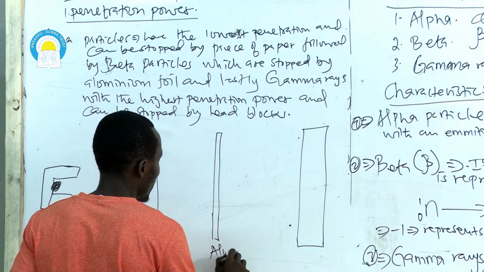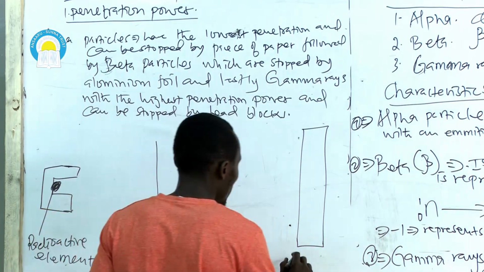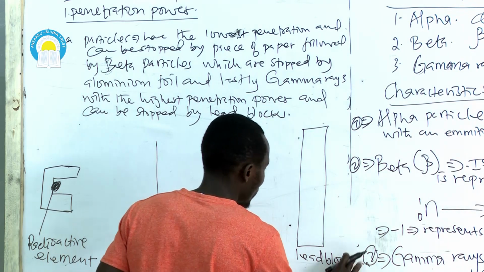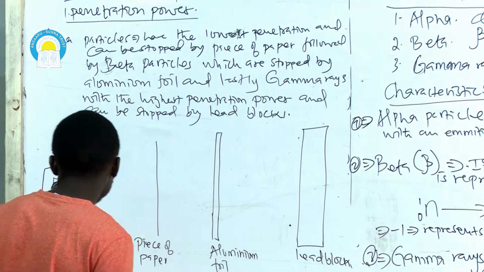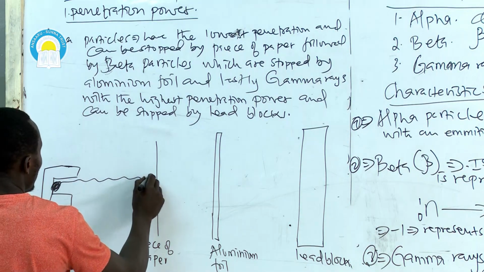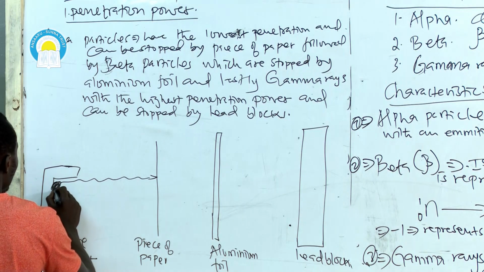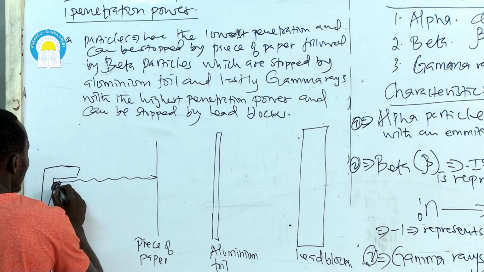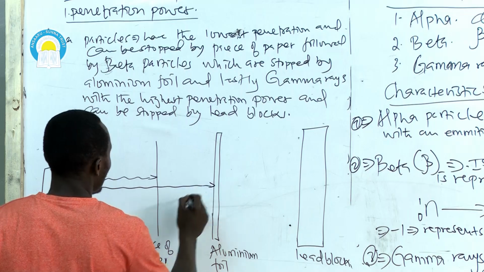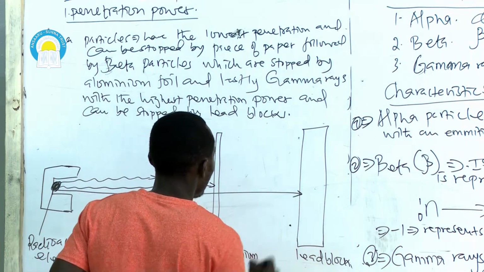This is aluminum foil. While this one is the lead block. So we have one that will be stopped here, and another one that will be stopped here, and we have the last one that will penetrate up to that.